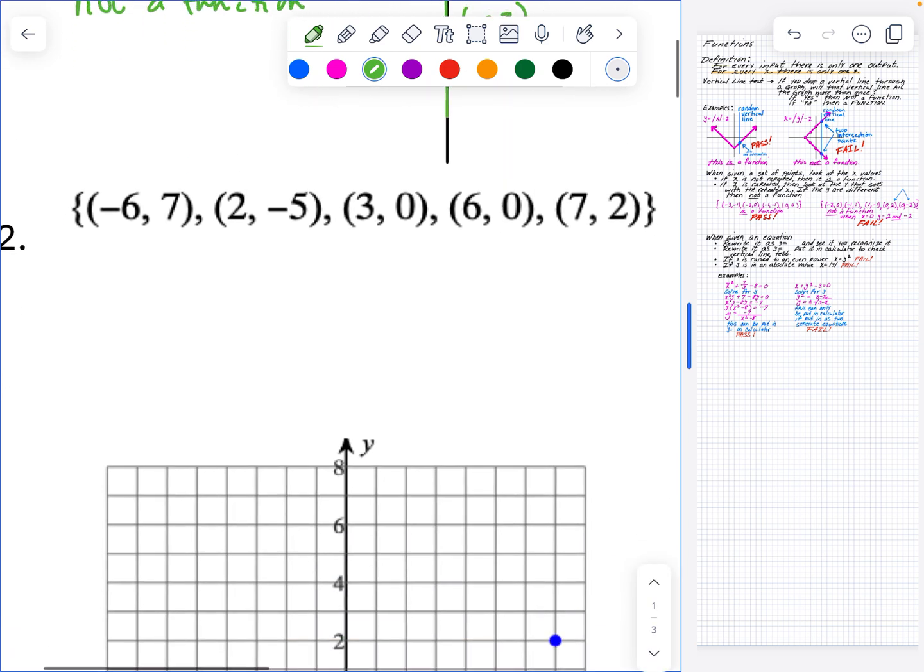This list is going to be a function because none of the x's are repeated. That's a -6, that's a 2, that's a 3, that's a 6, that's a 7. None of them are repeated, so this is a function.